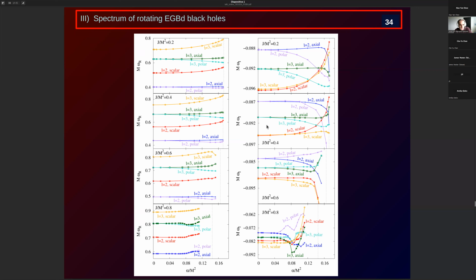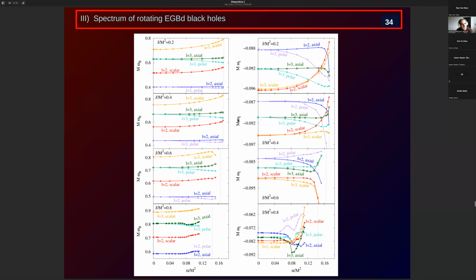You look at the imaginary part, for example, you look at the L equals 2 axial and polar, you see a little bit the same idea. Initially, for this value of the angular momentum, the dependence on alpha is not very big, but as you move towards the critical value, you see that the imaginary part becomes especially sensitive to the value of the coupling constant. Okay, and in fact, here you can start to think about what's going on in terms of the damping time of the perturbation.